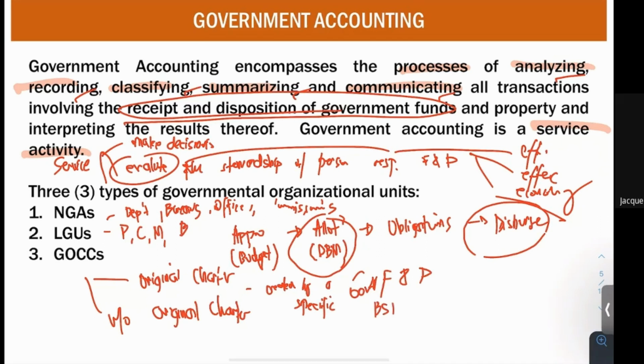Example, BSP. How about without original charter? These are government-owned and controlled corporations which are created by the General Corporation Law. There is no separate law creating it, but it is created pursuant to the corporation law. Okay? So that is your government accounting and your governmental organizational units.